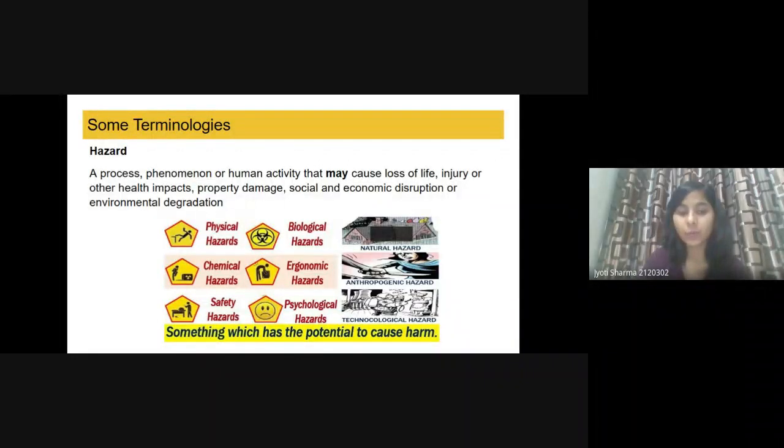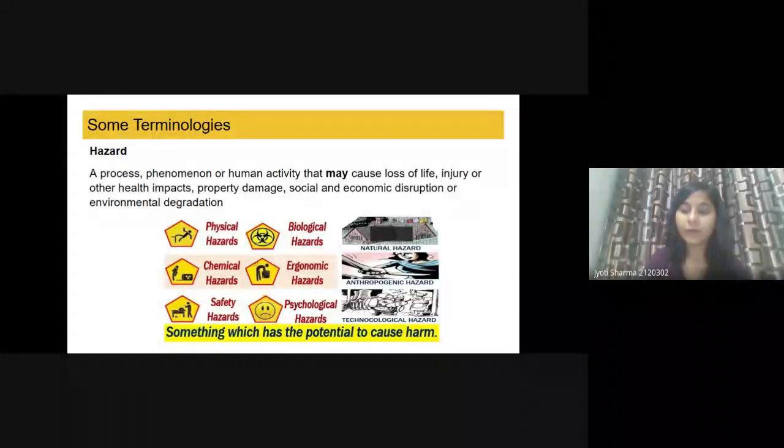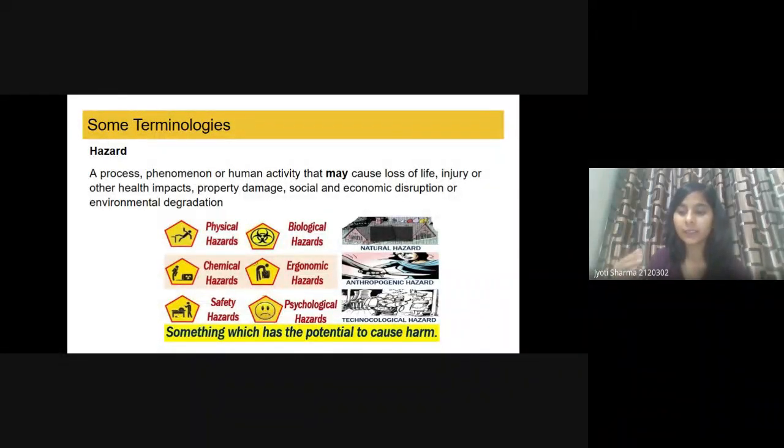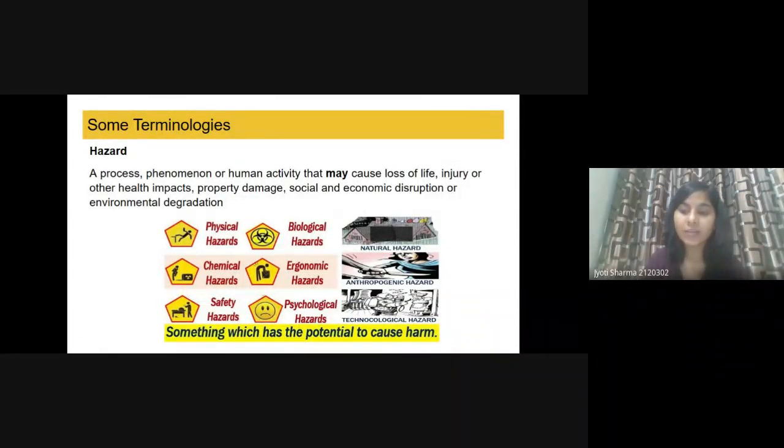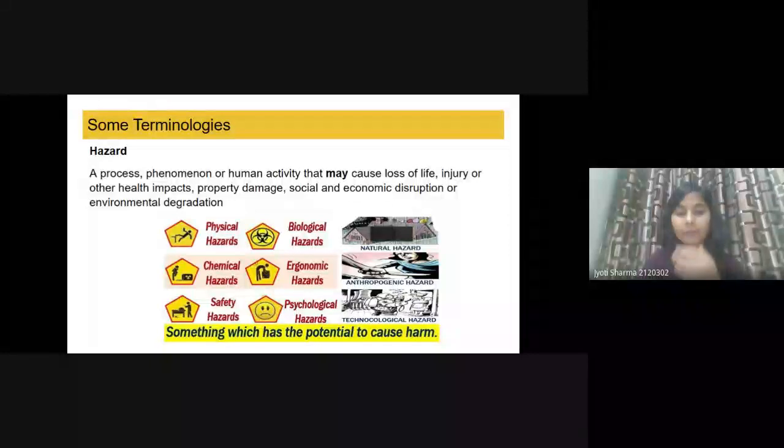Or, for example, if you have a road that has very high curves, because of those curves the chance of accident has increased. So there will be a board that will give you the hazard warning. So a disaster can happen, but it may or may not be that this hazard turns into the disaster.